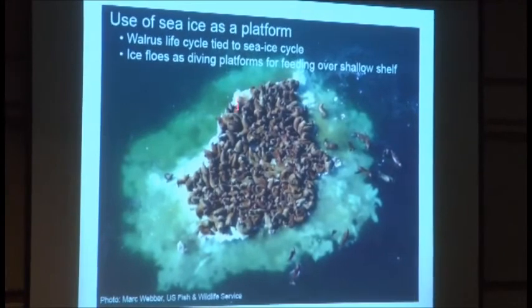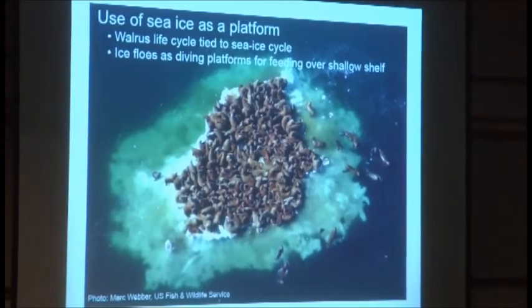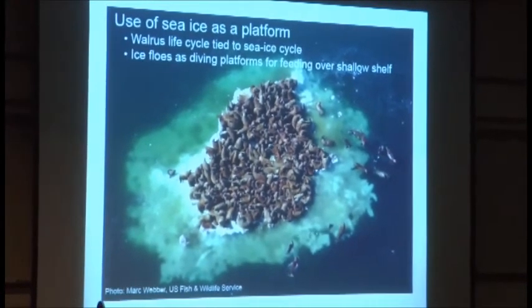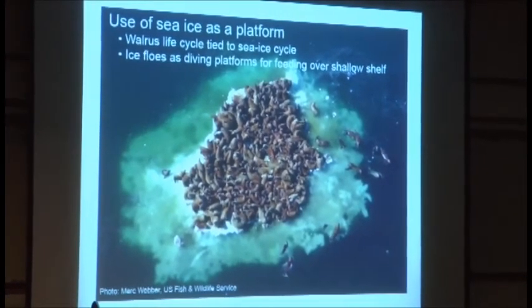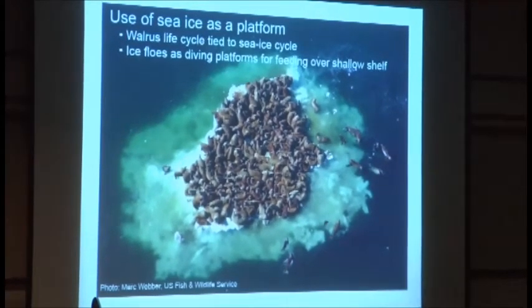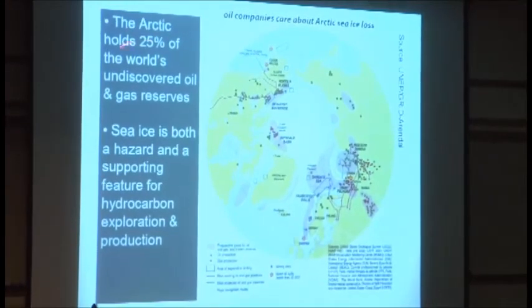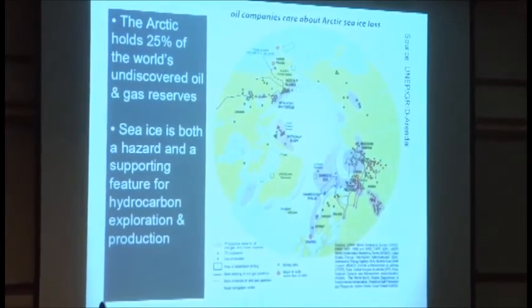Walruses use sea ice, again, as a platform to feed, and here you see a group of walruses, but they're having their problems. I've read some other articles about groups of walruses that are all confused. They don't know what to make of it in some sense. Oil companies care. The Arctic holds about 25% of the world's undiscovered oil and gas reserves.